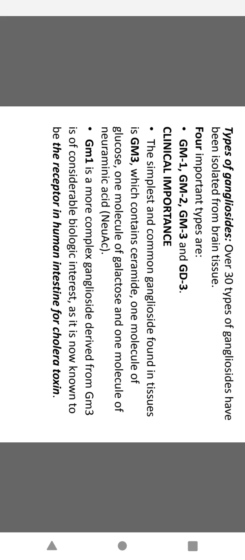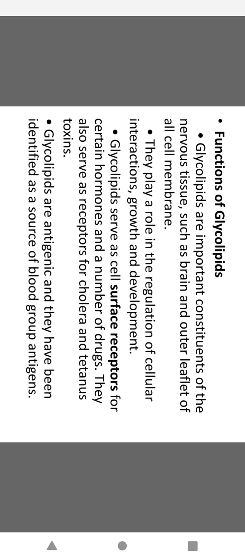Clinical importance: the simplest and most common ganglioside found in tissues is GM3, which contains ceramide, one molecule of glucose, one molecule of galactose, and one molecule of neuraminic acid. Then GM1 is a complex ganglioside. It is of considerable biological interest because it is known as the receptor in the human intestine for cholera, so it can accept the cholera toxin.